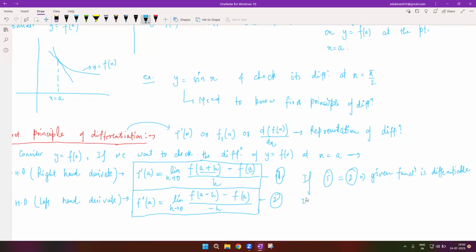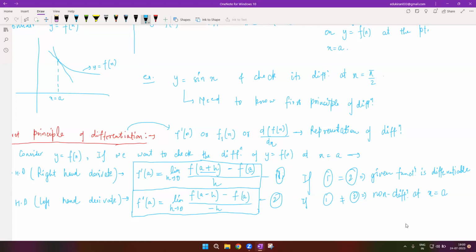And if 1 is not equal to 2, non-differentiable. That is how we can proceed.